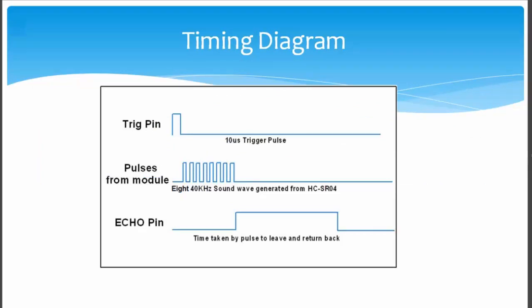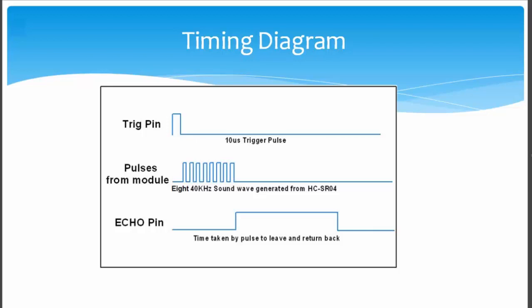The timing diagram of ultrasonic sensor. We have to give a short 10 microsecond pulse to the trigger pin to start the ranging. After that, the module emits ultrasonic waves in a burst of 8 cycles at a frequency of 40 kHz. At the same time, the module makes the echo pin high. Once the waves are reflected by the object and absorbed by the receiver, this echo pin goes low.